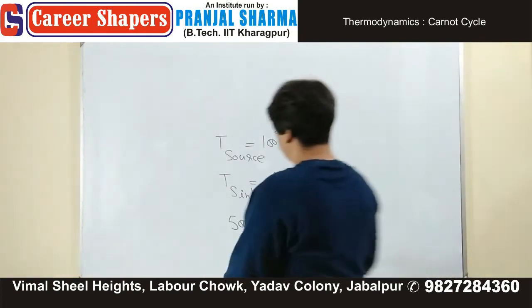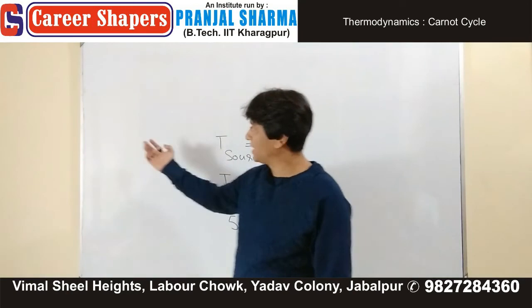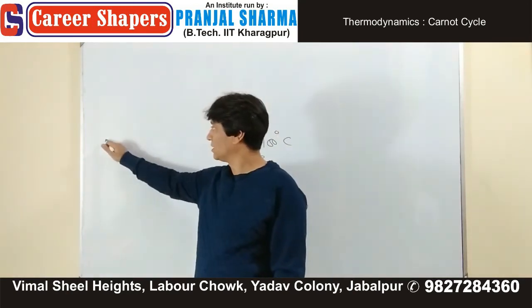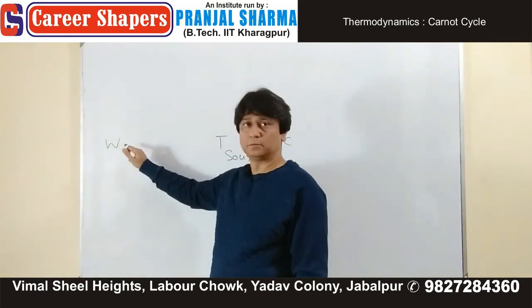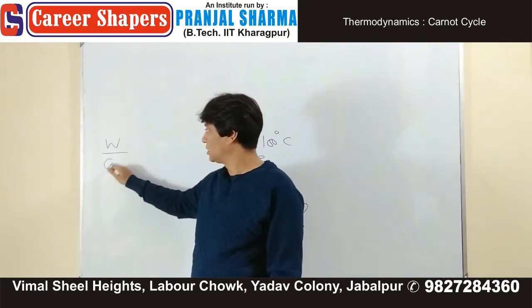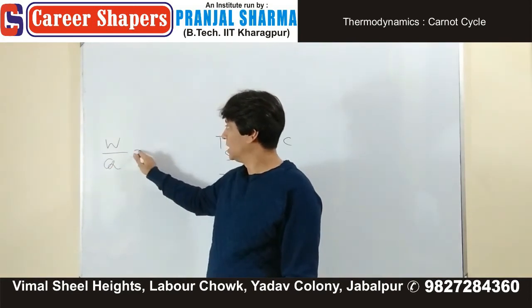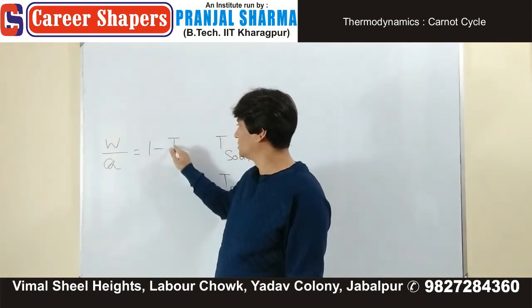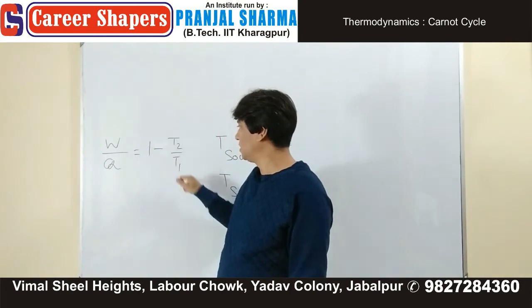You guys are taking too long, and I'm asking you a very easy thing. W divided by Q is 1 minus T2 upon T1.